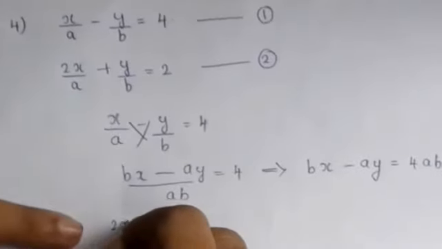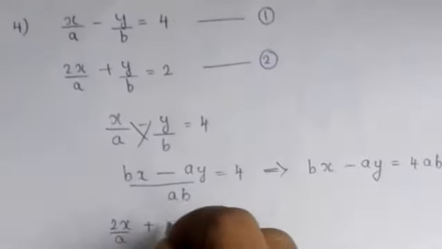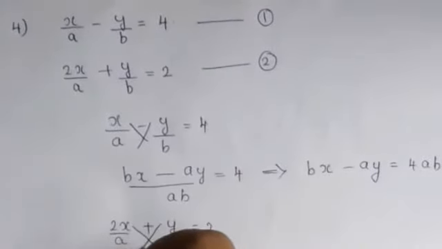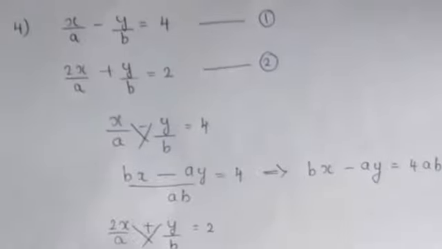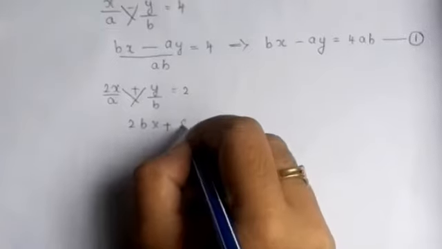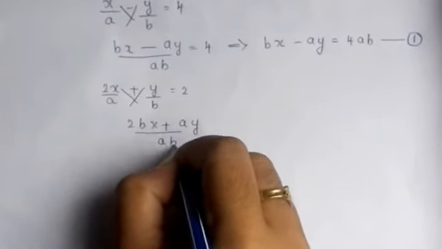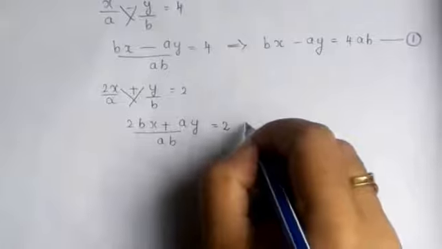Like that, the second equation also: 2x divided by a plus y by b is equal to 2. Just cross multiply, you will get 2x into b, that is 2bx plus a into y, that is ay, all divided by a into b, equal to 2.